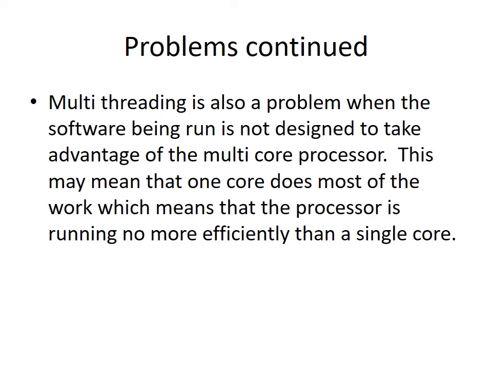Multi-threading is also a problem when the software being run is not designed to take advantage of the multi-core processor. This may mean that one core does most of the work, which means that the processor is running no more efficiently than a single core.